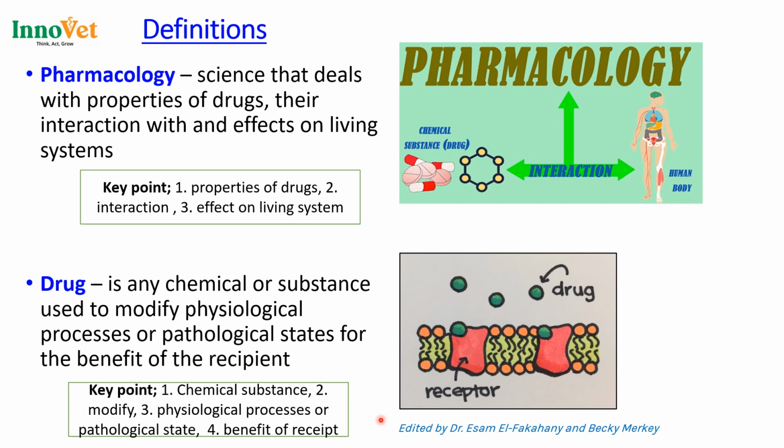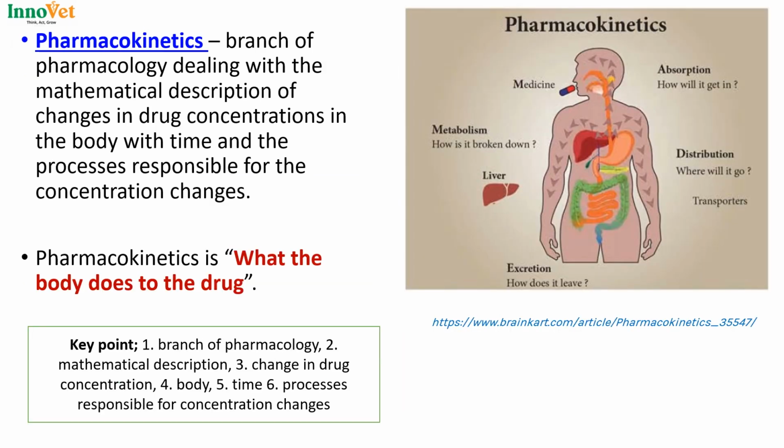So the definition of a drug is a chemical or substance that is used in modifying the physiological processes or pathological state for the benefit of the recipient.